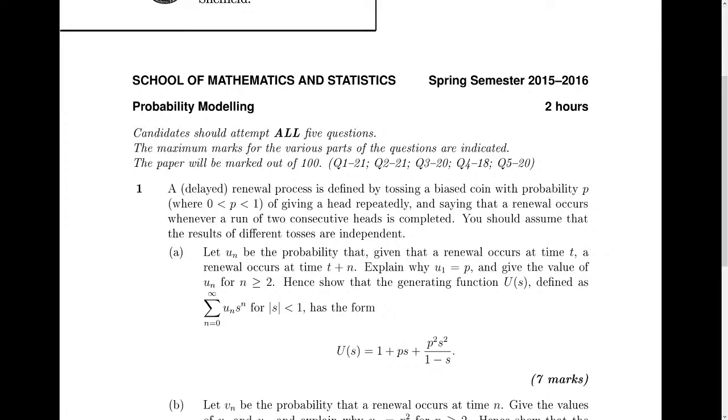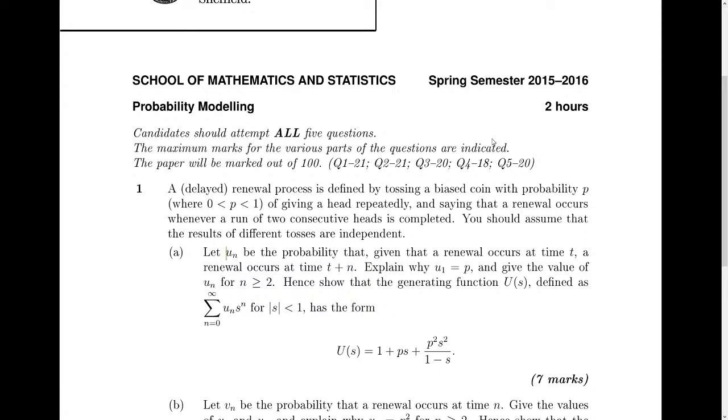So first question, let u_n be the probability that if there's a renewal at time t, then there's a renewal at time t plus n. Find the value of u_n, and then it asks to show the generating function has this form here.